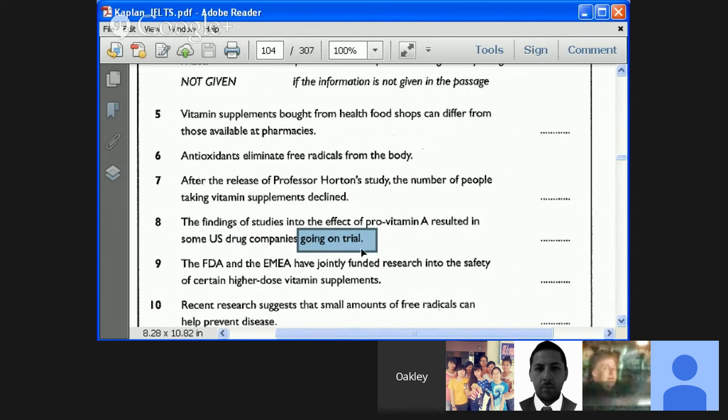Wait, is it false or is it not given? Yeah, not given. Actually, you're right. It's simply not given because those are two completely different things. We have no idea if there was a legal trial because there's nothing about a legal trial. There's something about drug company experiments, but there's nothing about a legal trial.